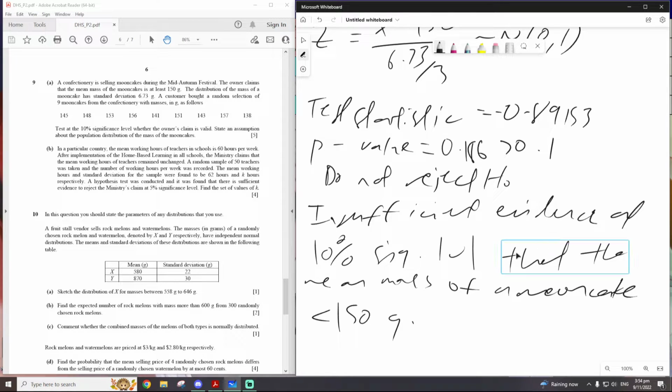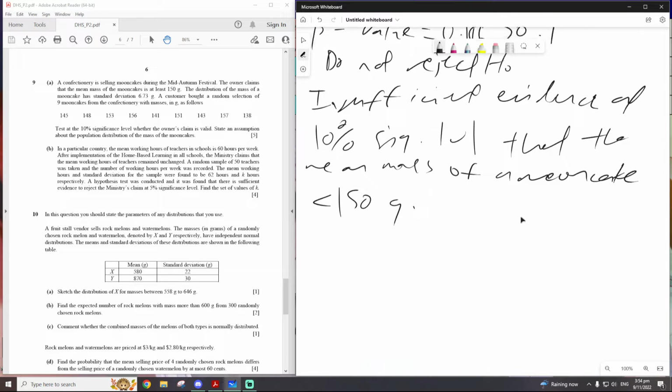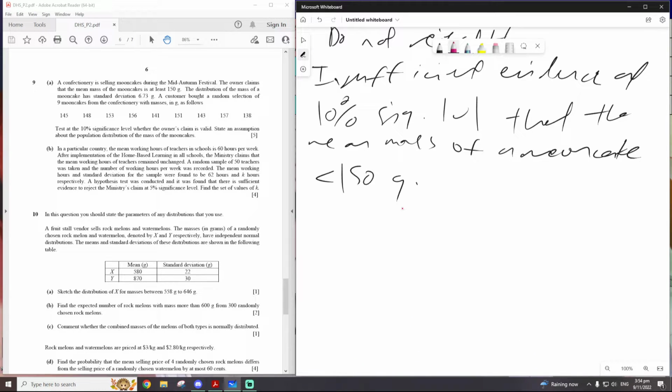Okay. And once again, the assumption that you need to make is that the distribution of the mooncake mass is normally distributed. Okay.